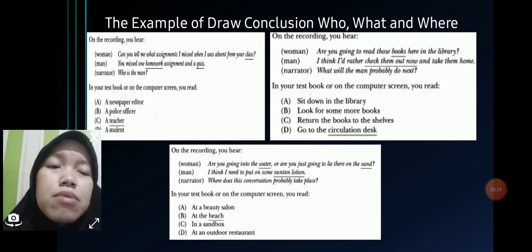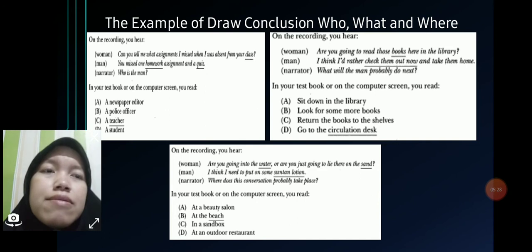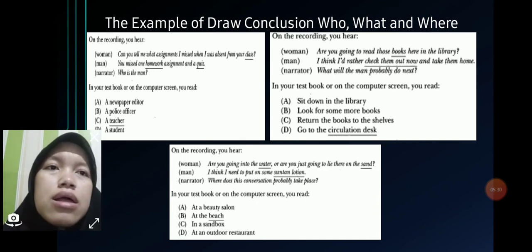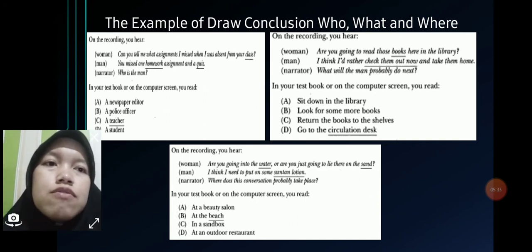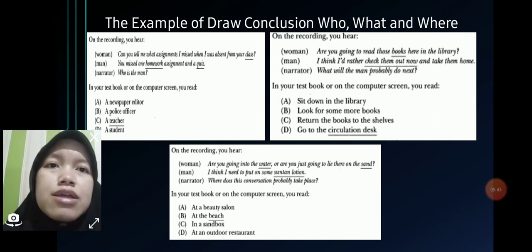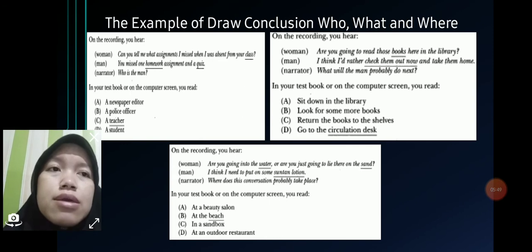This is talking about place. To handle this task, you have to know the keywords mentioned in the conversation between two people in the recording, like that.